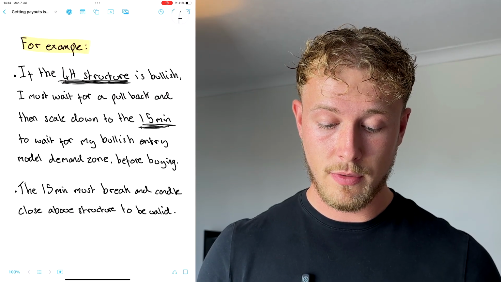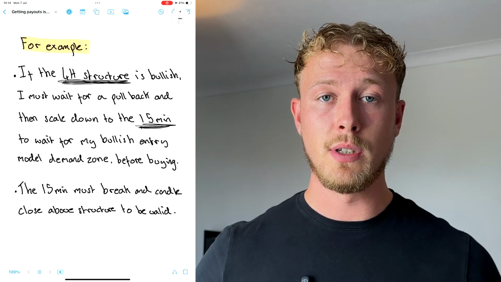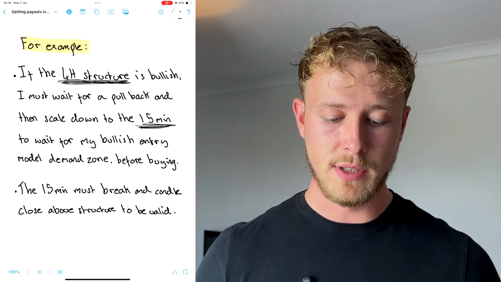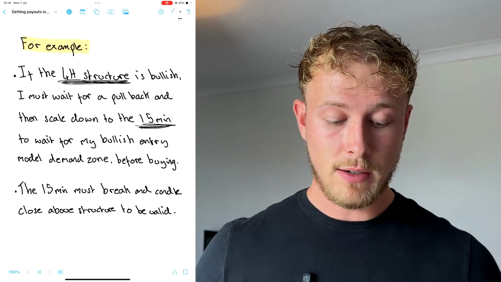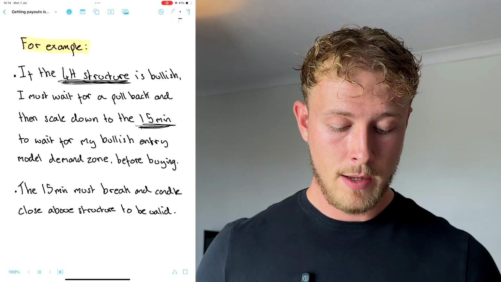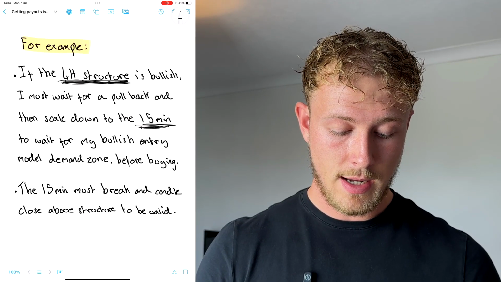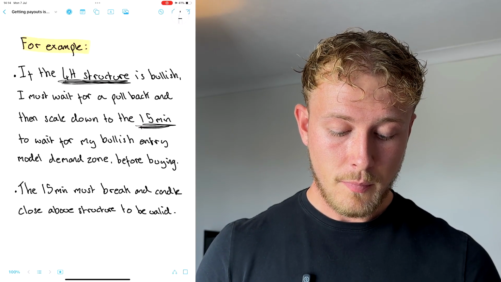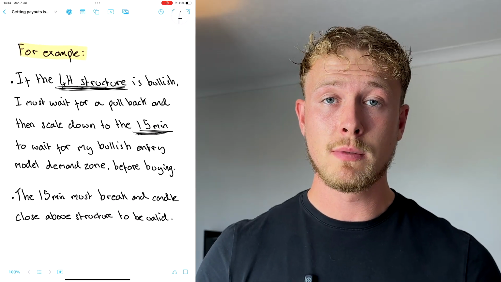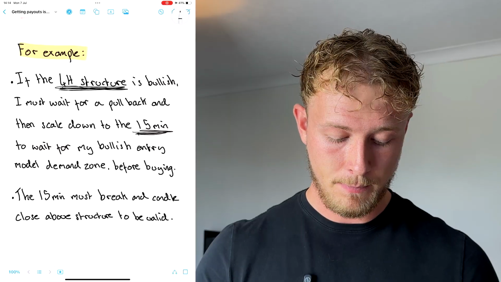Again here, I have identified what time frame I'm using for my entry time frame and how I will be using it. I will scale down to the 15-minute to wait for my bullish entry model demand zone before buying. The 15-minute is the time frame I'm going to be using to enter my trades, and the rules I need to see are written down here.